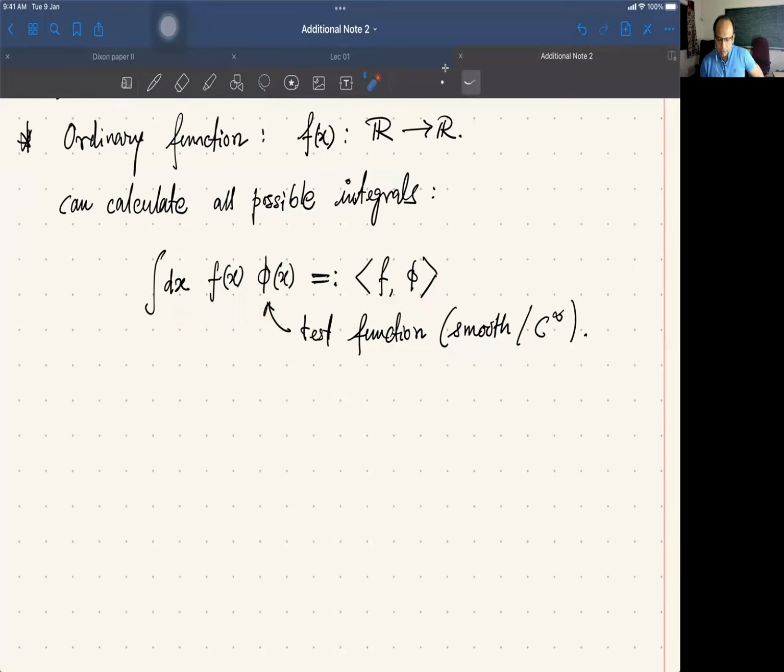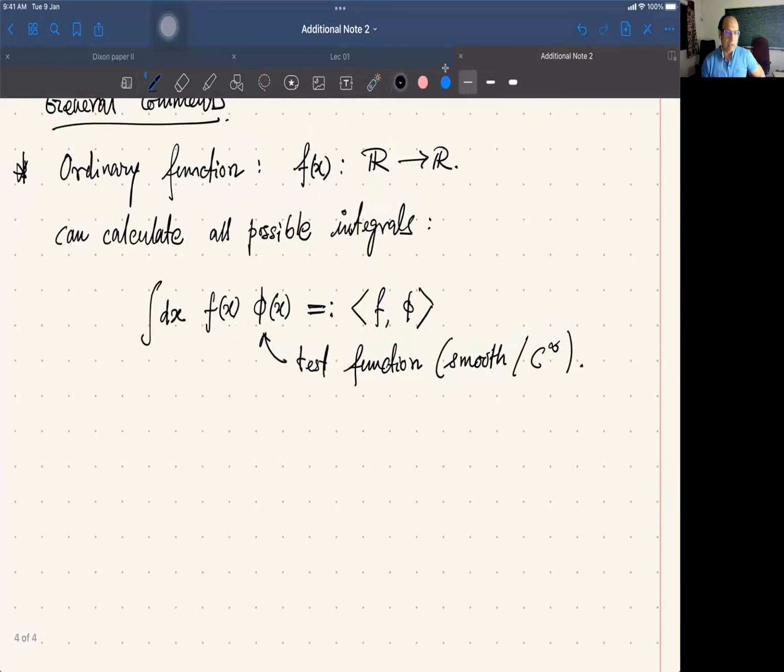So that is equivalent to knowing the function itself. This is a more complicated way of describing a function. Let me call the one we are familiar with A, and this is B. So A and B are two different ways of describing a function.